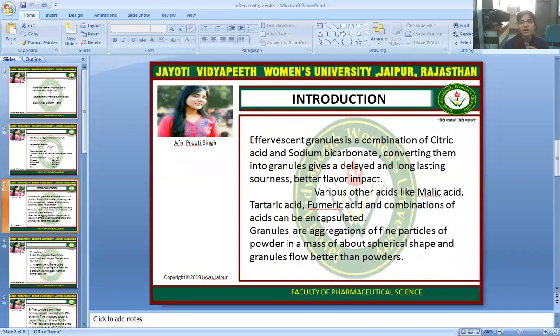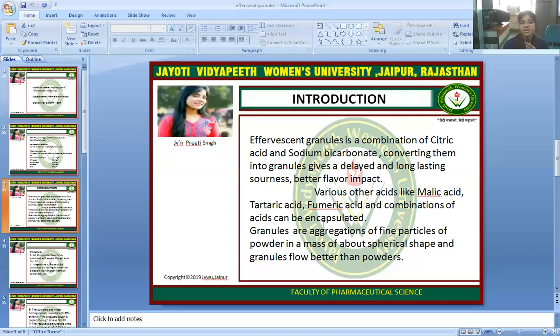Firstly, we will discuss the introduction and the theoretical part of effervescent granules. Effervescent granules are a combination of citric acid and sodium bicarbonate. Converting them into granules gives a delayed and long-lasting sourness and better flavor impact.